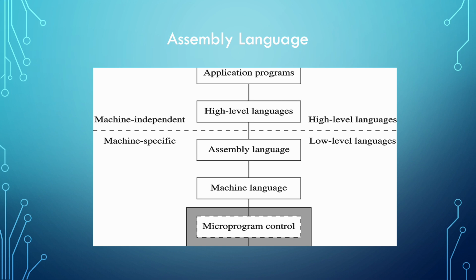These are short, meaningful names that represent machine instructions. Although assembly looks more readable than machine language, each mnemonic still maps almost directly to a single machine instruction, which means there is very little abstraction here.